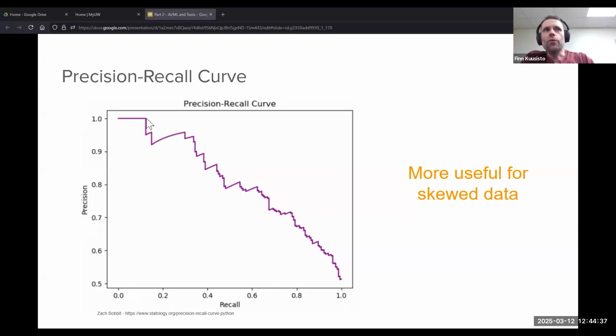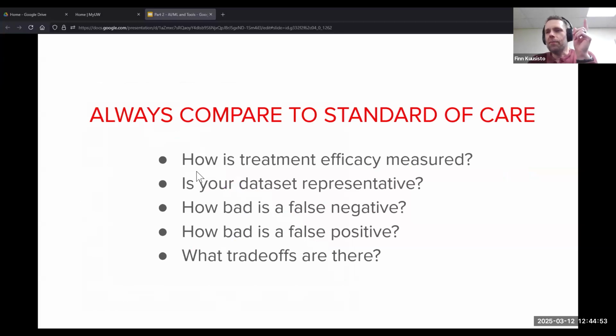So we're just trying to improve our recall without decreasing our precision. I don't think I'll belabor this any further because we don't have a ton of time. We can talk about it more, but these are just two different ways to evaluate it. There's a bazillion different ways to evaluate these models. But the most important thing for biomedical practice here is you always want to compare to the standard of care.